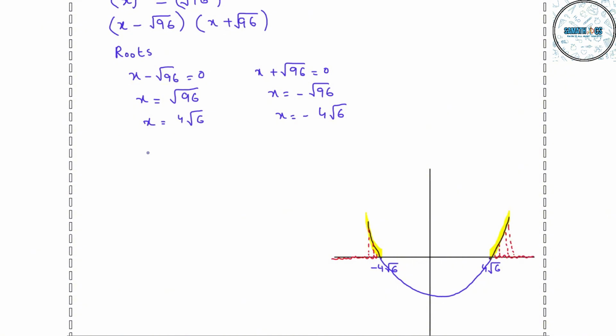So we can write down the solution as x is less than minus 4 under root 6, or x is greater than 4 under root 6.